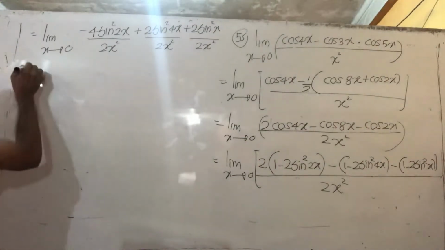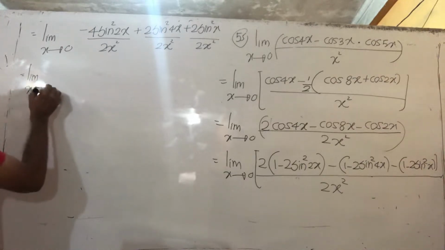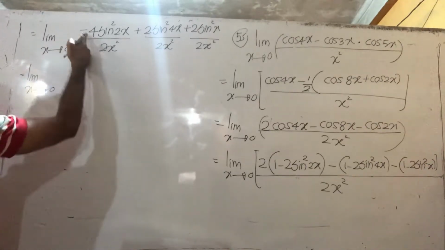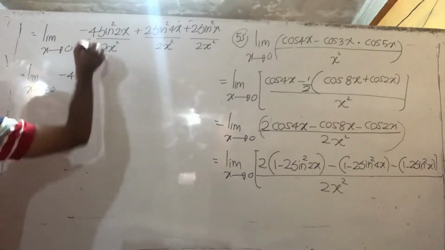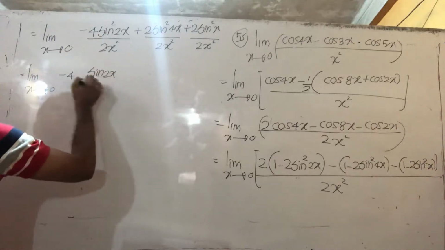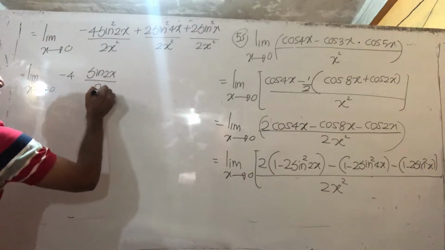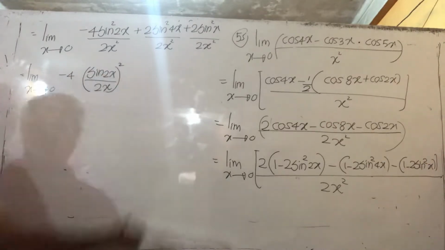So limit as x tends to 0, cut this 2, or keep it and write it. Minus 4, sine 2x, then below we need 2x, all squared.